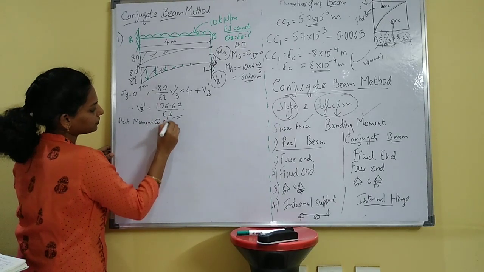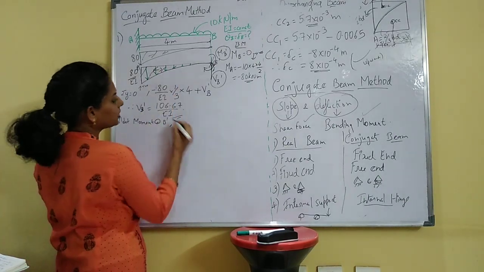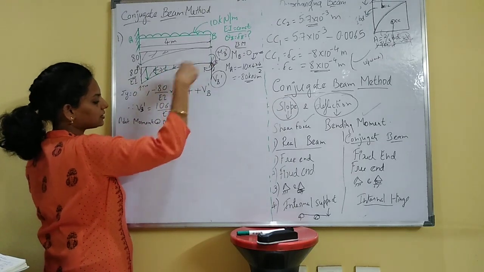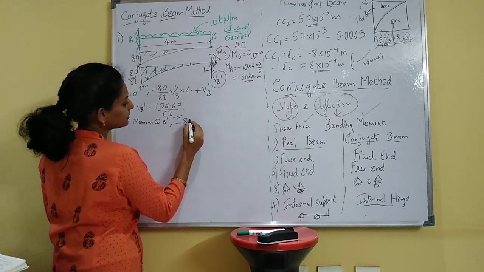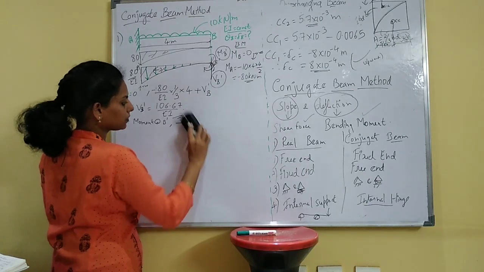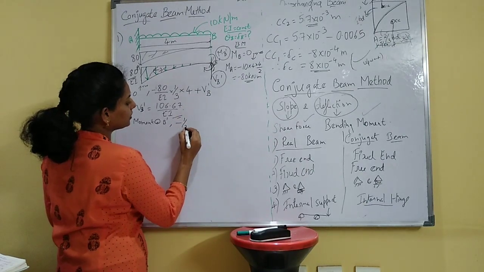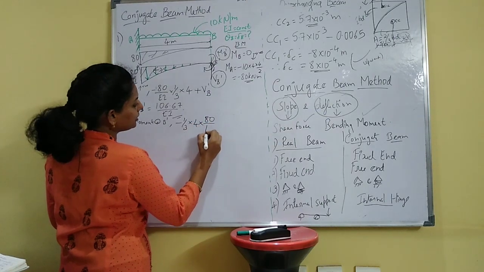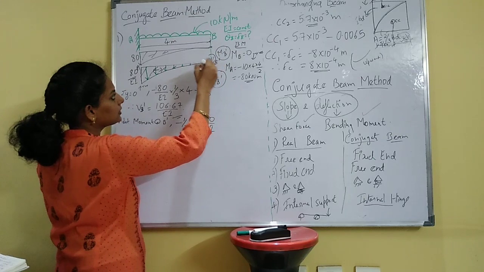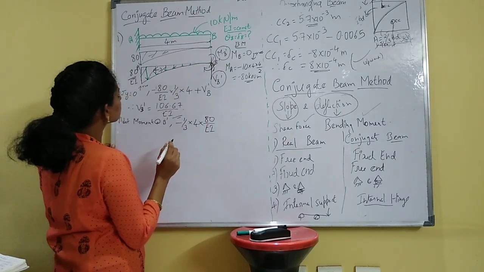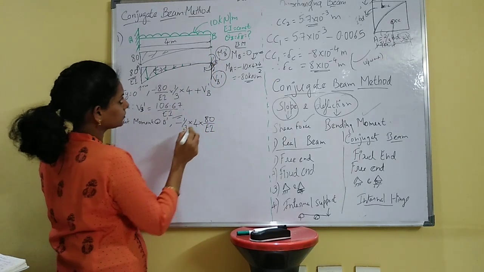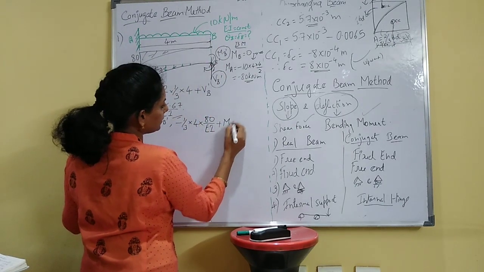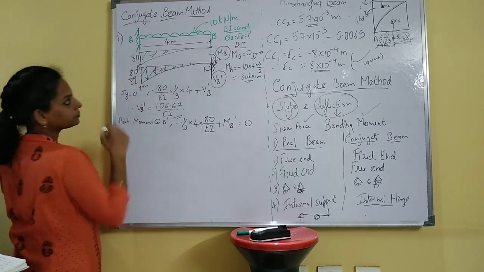Next find out the net moment at B dash. Again the same. So net moment at B dash, so this is anti-clockwise, so minus 1/3 of 4 into 80 by EI. Then this moves clockwise, so plus MB dash equal to 0.